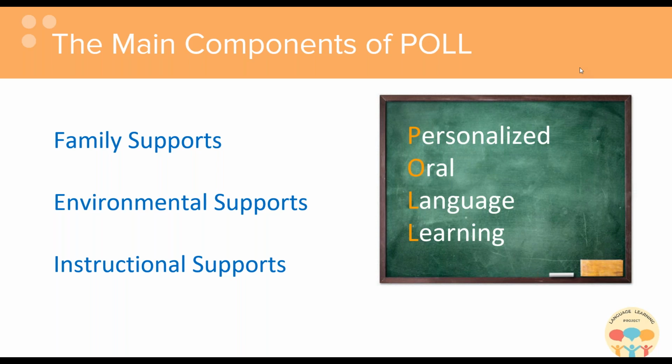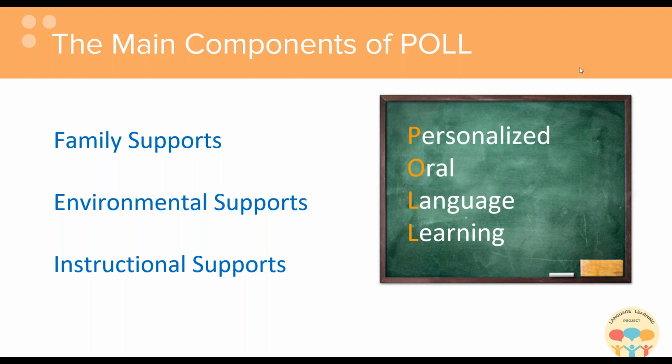So when we think about Pole, personalized oral language learning, the overall goal is to offer guidance to all of these providers, all of our caregivers. We know that we have so many different caregivers supporting children, as Stephanie shared earlier. And so the goal of Pole is to offer guidance in integrating family, environmental, and instructional supports to promote language learning.